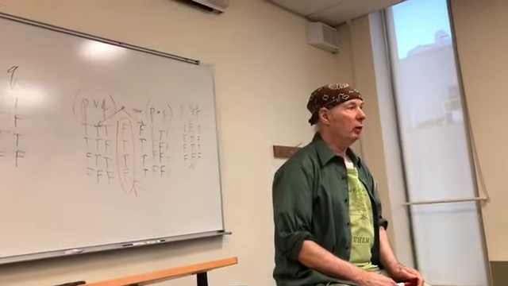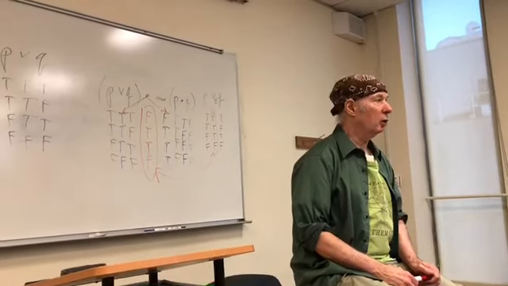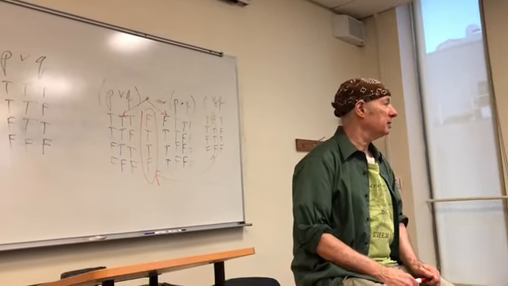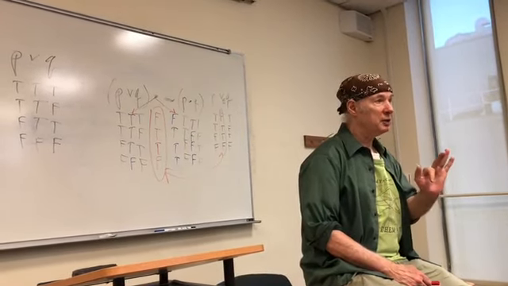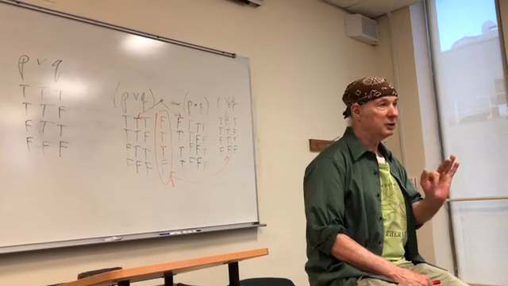And it's the most important one. It's the horseshoe, which represents if-then. And the reason why it is so important is the following.